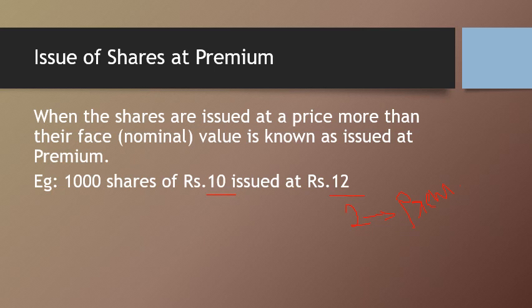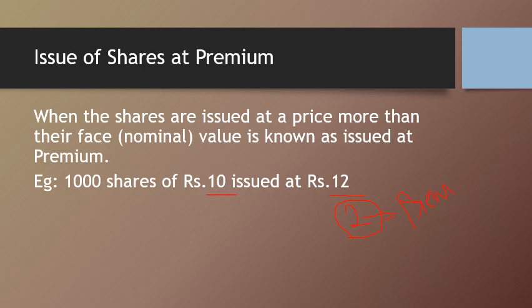And this premium, this 2 rupees premium, will be transferred to an account called security premium account. So when these kinds of shares are issued at premium, there will be slight changes in our accounting treatment. We have to transfer this premium amount to the security premium account.